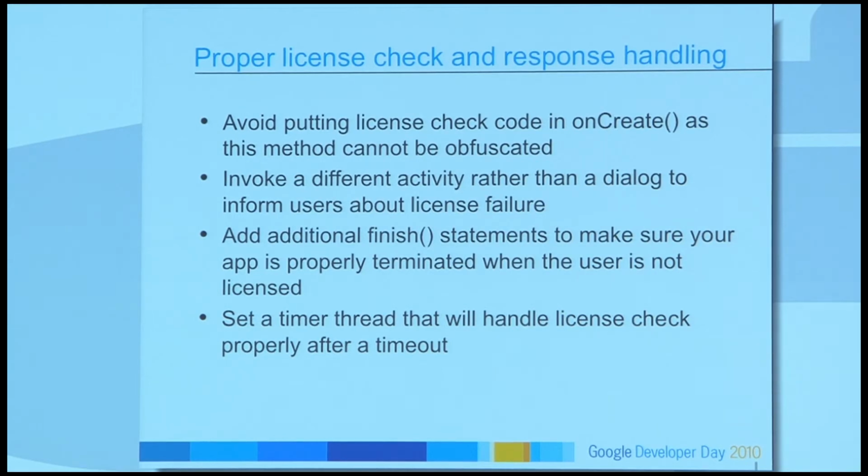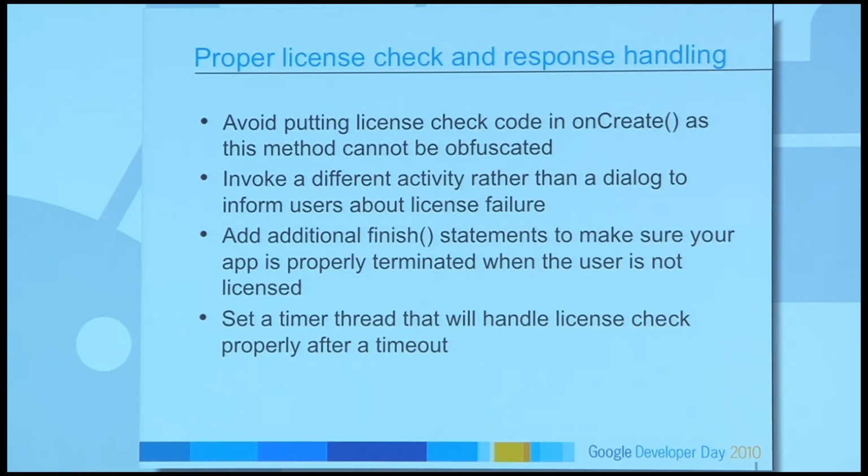Here are some tips on how to do proper license check and response handling. The first thing is to avoid putting license check code in the onCreate method, because this method is looked up by the Android system, so you can't obfuscate it. Another point is to try to invoke a different activity rather than a dialogue to inform your user whenever there is a license failure.